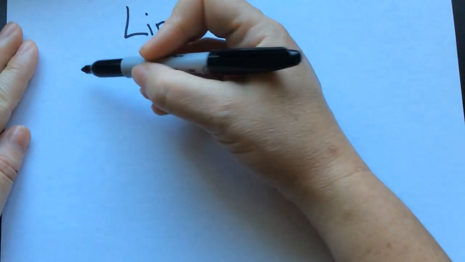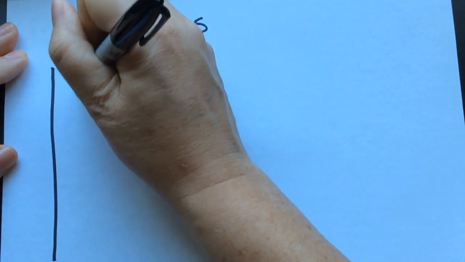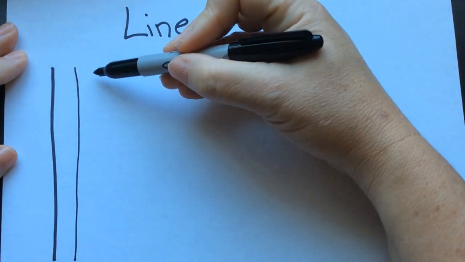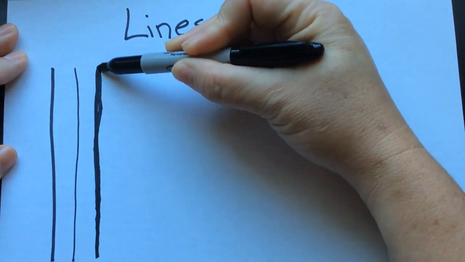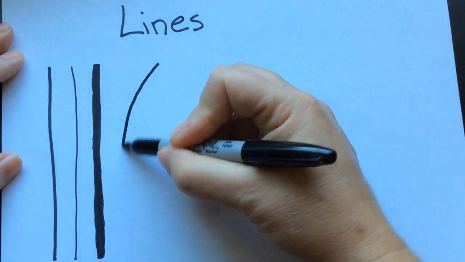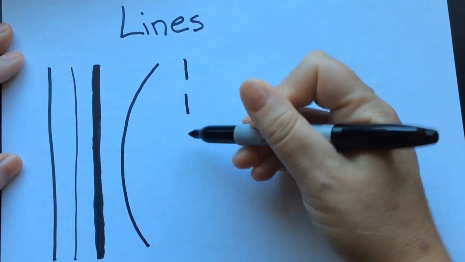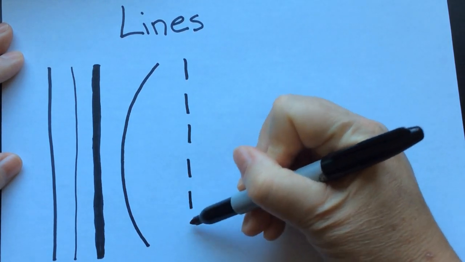We can have lines that are just straight. That same straight line could be thinner or thicker. We can make it even thicker than our original one. You could have curved lines. You could have lines that are broken or dashed.